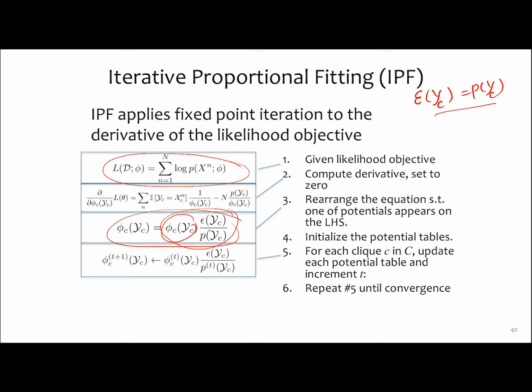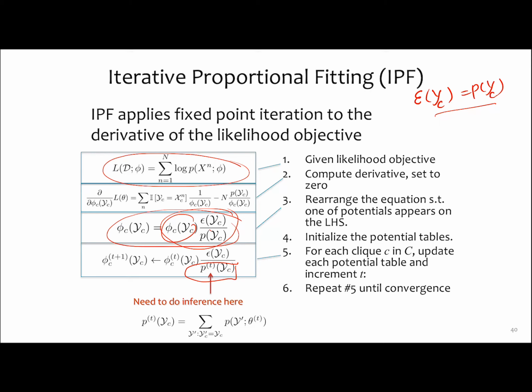Although it may sound like a hack, it is not. In fact, you can show that in every iteration, you are reducing the loss function. I'm not going to go to the proof, but if you're interested, it's in the book. So this is basically a summary of IPF. The only catch here is that to compute this, you have to do inference, right?